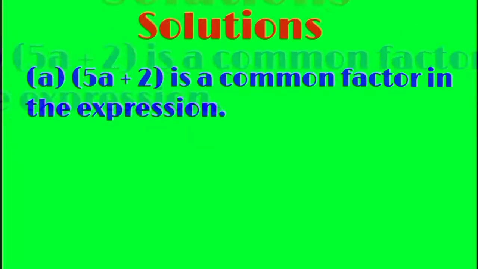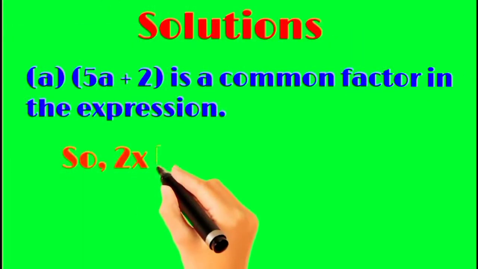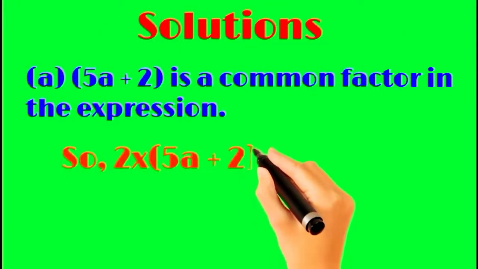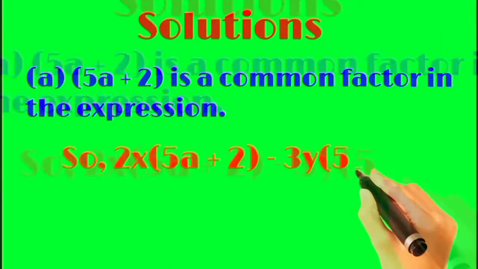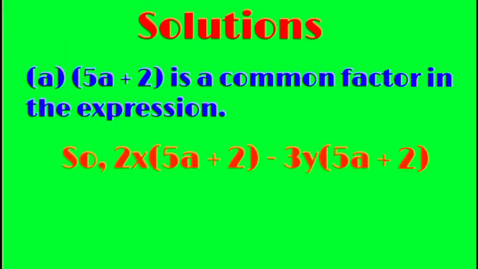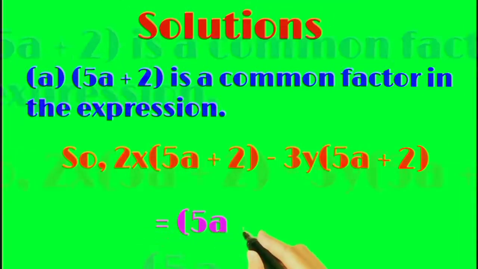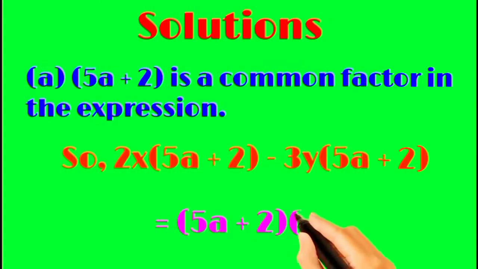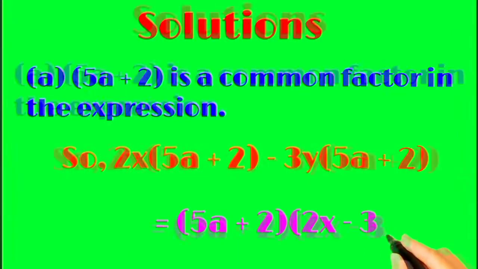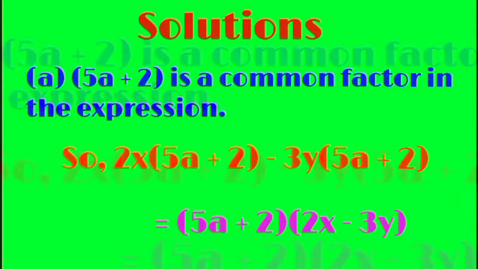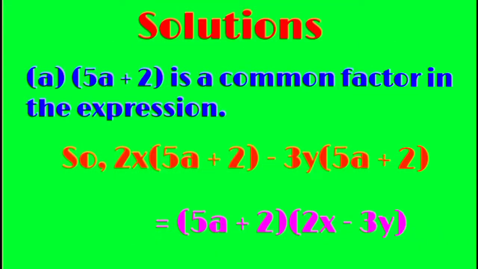So if we bring out this common factor, we have 2x in the bracket of 5a plus 2 minus 3y in the bracket of 5a plus 2 equal to the bracket 5a plus 2, bracket 2x minus 3y. I told you it's very, very simple. You can try more on your own.